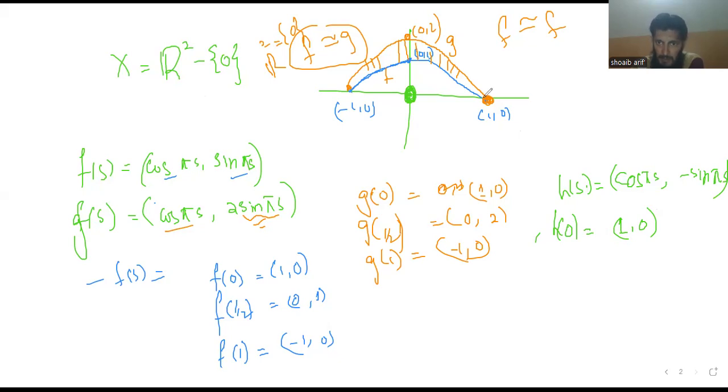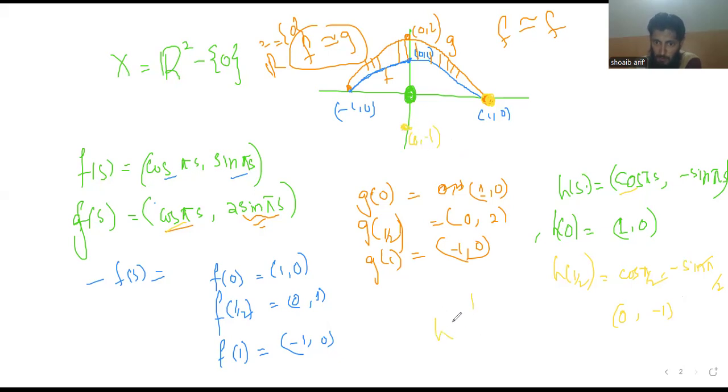So we will get this point. If we substitute s equal to half, we get cos pi by 2 comma minus sin pi by 2. Cos pi by 2 is equal to 0 and minus sin pi by 2 is equal to minus 1. So we will get 0 comma minus 1, and this is the point.